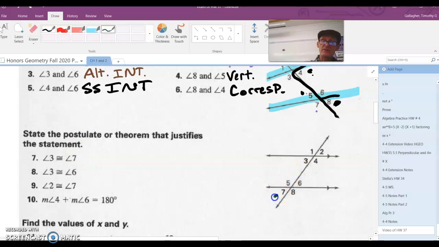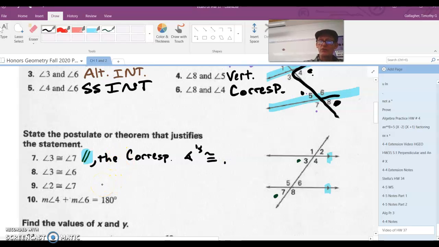So angle 3 and angle 7. If the lines are parallel, and we can see that they're parallel here by these two arrows, then 7 and 3, the corresponding angles are congruent.